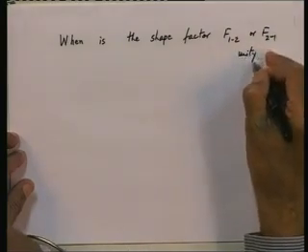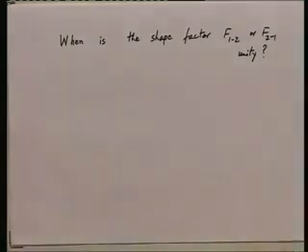If all the radiation emitted by the surface 1 is intercepted by 2, none of it goes back to 1, mind you, then the shape factor of 1 with respect to 2 is unity. Or the reverse, f 2 to 1 will be unity when all the radiation emitted by 2 is intercepted by 1, it goes nowhere else, it does not even go to 2.